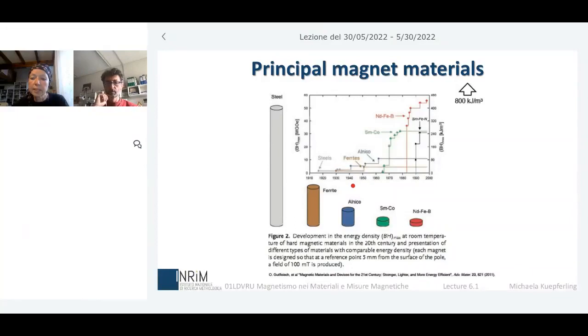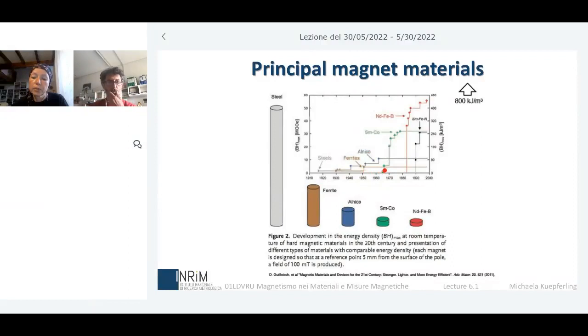The next material that was developed is Alnico. Alnico is also not that good, of course, as you can see here, as a hard magnetic material. Nevertheless, it has a very important advantage, as we will see in the slide. And then when the ferrites came up, from BH max they are also not so good, but they have much better coercivity than Alnico, for example.